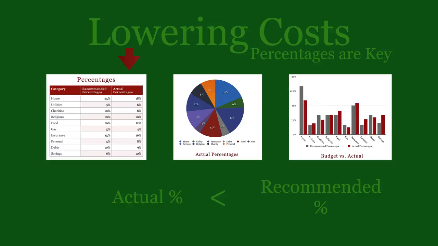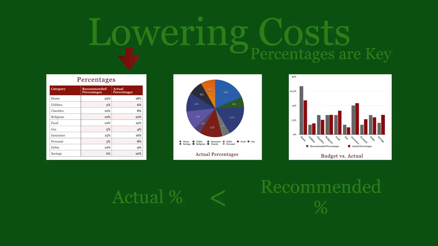It looks like the first thing we are overextending ourselves in is our utilities. We're spending 6% of our income on utilities versus the recommended 5%. Now, that's not a huge thing. When you start getting into 2 to 3% higher than your recommended, those are areas you can definitely make changes on.